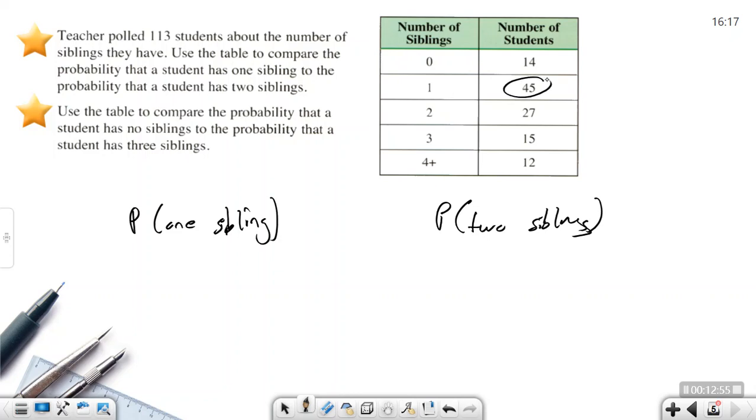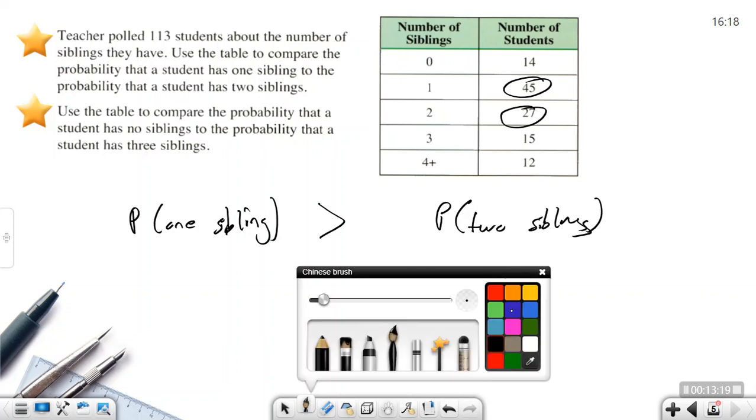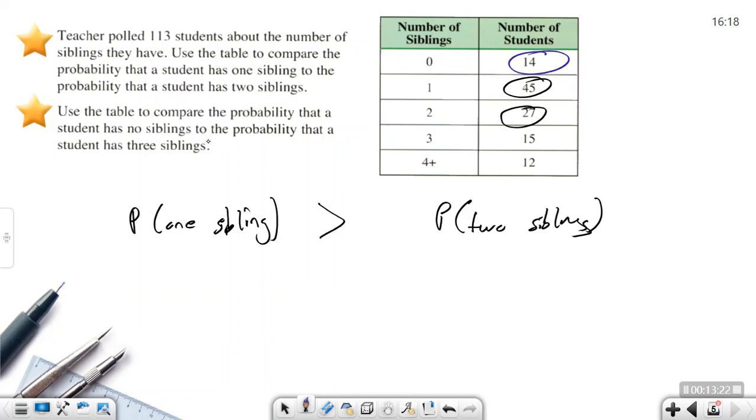As you see, 45 students have one sibling and 27 have two siblings. Of course, one sibling has more than two siblings, so the probability of one sibling is greater than the probability of two siblings. Compare the probability that a student has no sibling, 14 students.